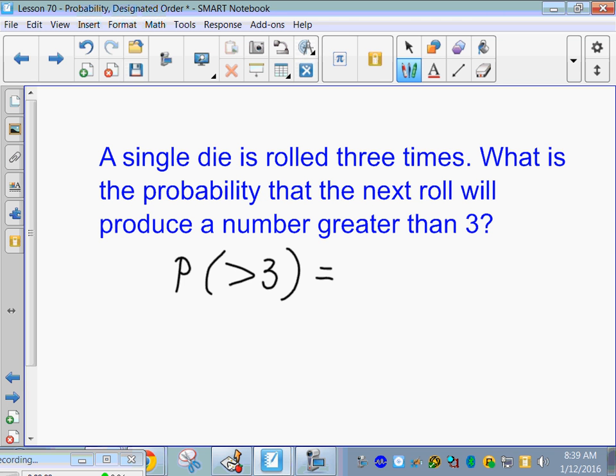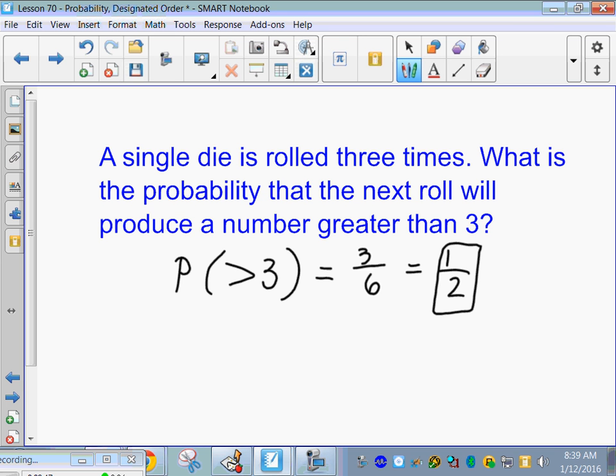So the total outcomes that we're looking for, the favorable outcomes, are a 4, a 5, or a 6. So the chances of getting a 4, 5, or 6 would be 3 out of the total 6. Which reduces, and you always reduce your probability problems, to 1/2.